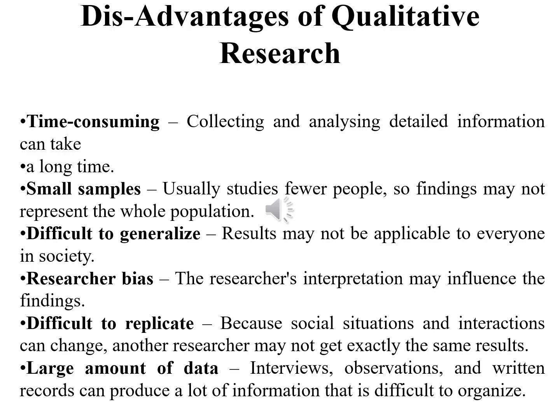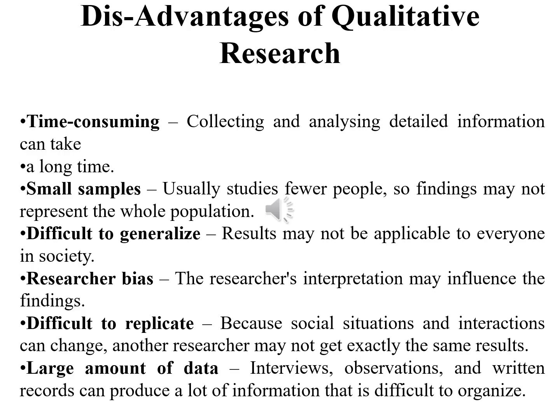Then we are having another disadvantage, that is difficult to generalize, because the sample is often small. Like we have seen in quantitative research, if there are 1,000 people, then we are going to collect data from at least 100 participants.